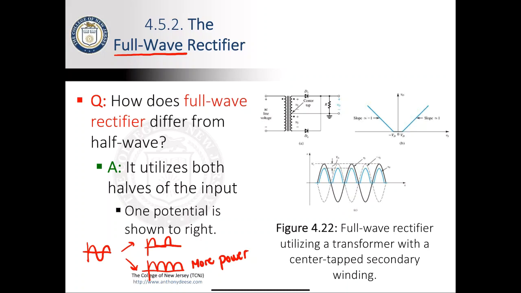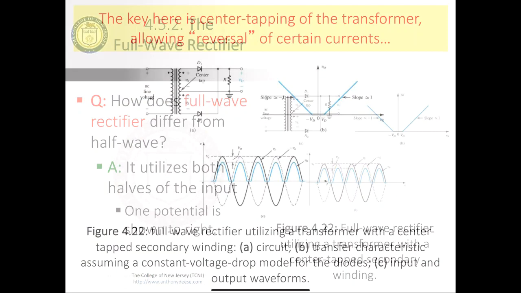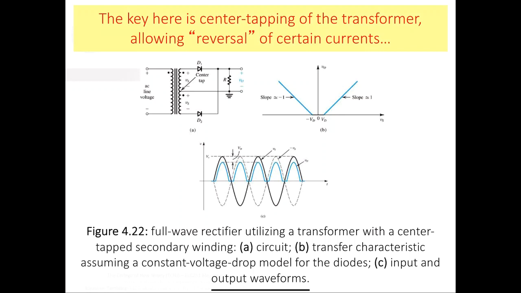And so what we can see here, this is one implementation of a full wave rectifier. This is called the center tapped design. And this is what the input output characteristic looks like. But we're gonna blow this up and take a look at it in more detail.